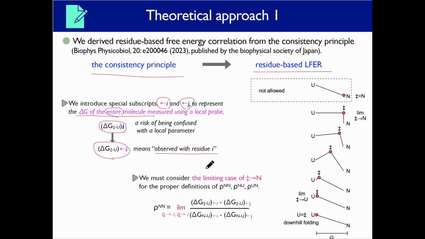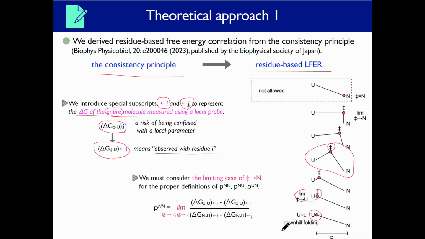And the second important point: when we consider the system, we have to think about the limiting case. This is a simplified version of the energy diagram, and this is a typical one. The transition state must have the highest energy. When we move this transition state toward the U state, it can approach the state U infinitely, and then finally match state U like this.